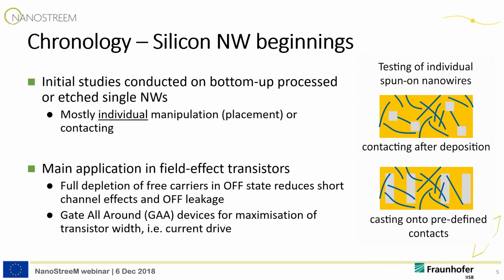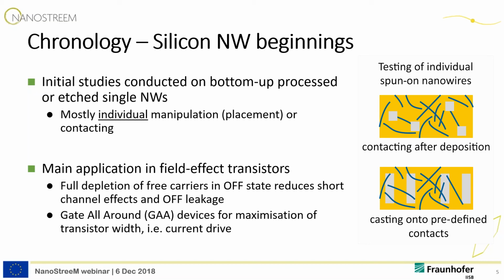The problem is you don't have control over the alignment of these materials. You don't know where those nanowires will end up, and typically you can only start to pick single nanowires, maybe by an AFM tip, and move those around and bring them in the environment of some contacts, or you have to deposit the contacts individually per nanowire.